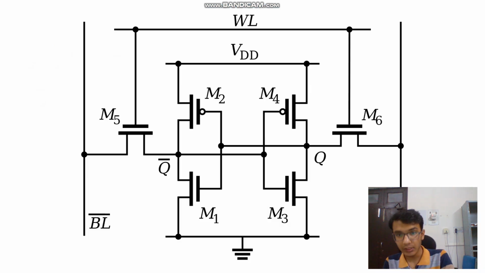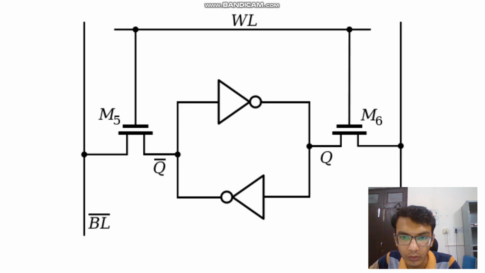Another kind of RAM is SRAM, which is static RAM. In it, we use two CMOS NOT gates and two transistors, with which we can store data. Let me simplify this circuit; the two NOT gates can be drawn in this form.